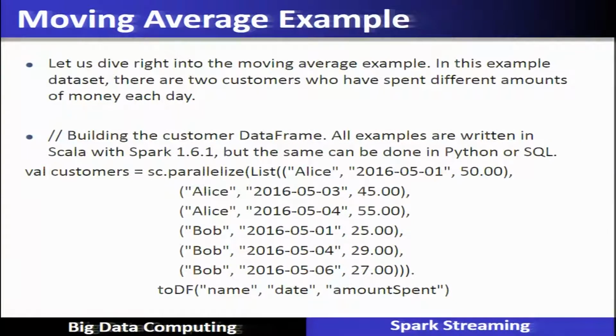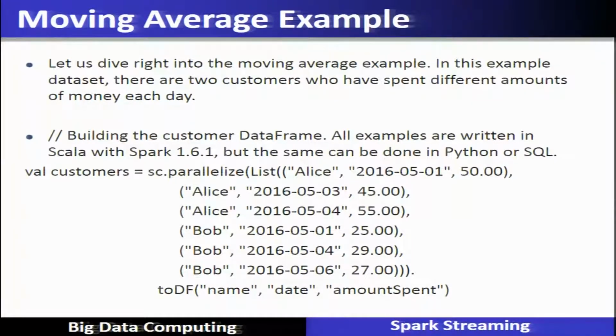So let us dive into the moving average example. In this example data set, there are two customers who have different spending amounts each day. Let us build the customer data frame. All the examples are written in Scala, and the same can be done using Python or SQL.